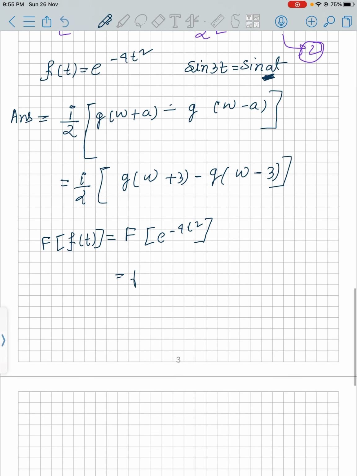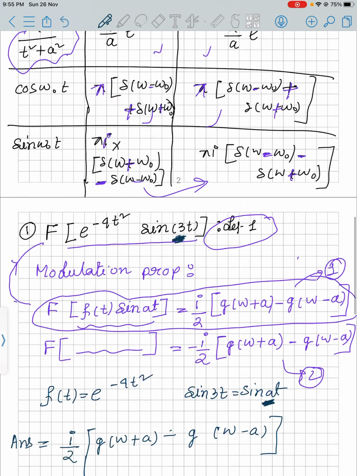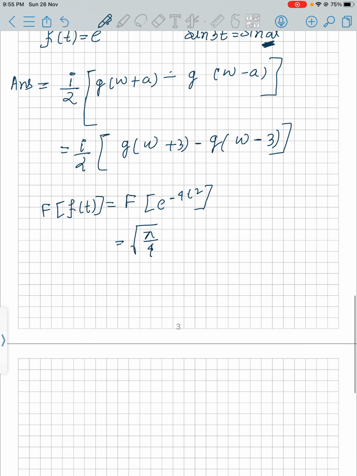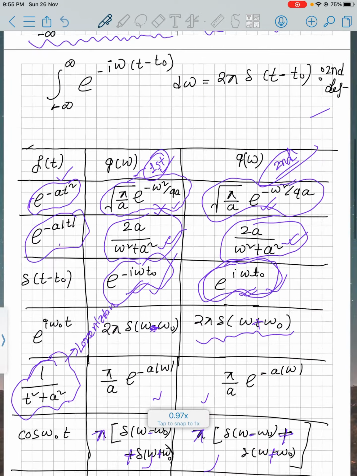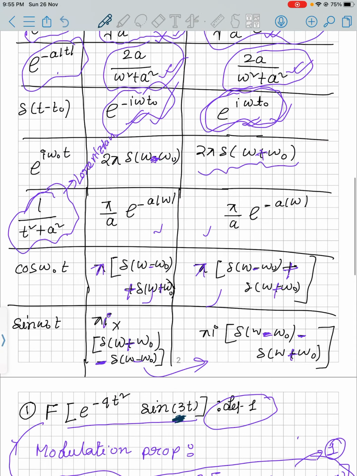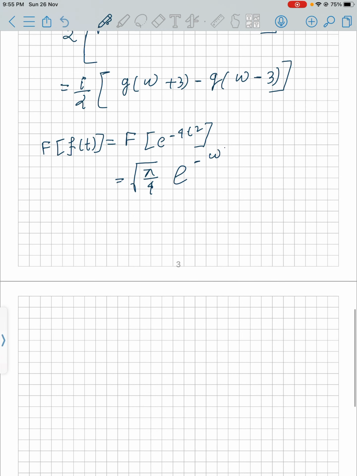So root over of pi by 4, e to the power minus omega square by 4a, and 4a is what? 4 into a is 16. Got it? So this is g(omega) for our calculation.